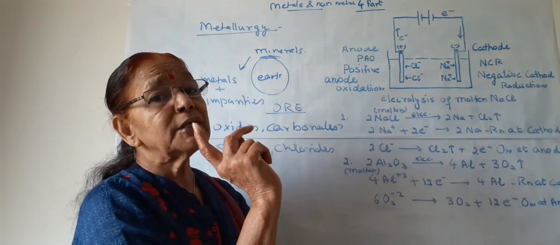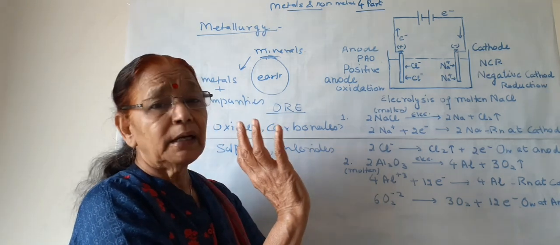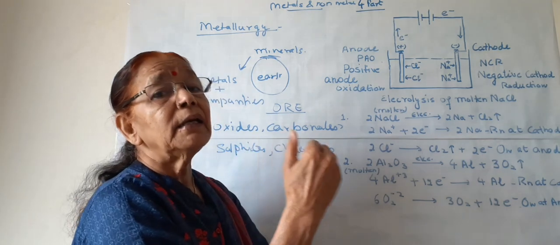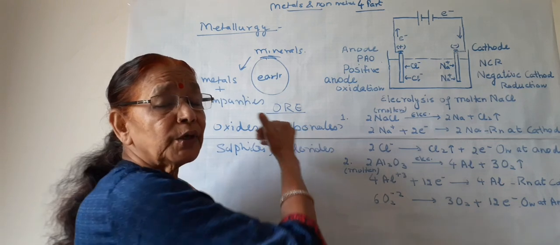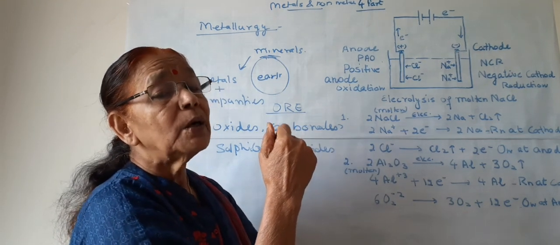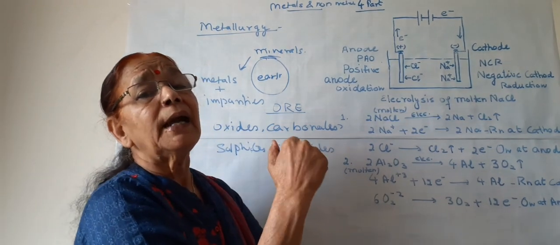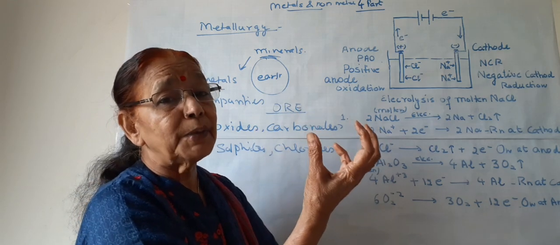Because oxygen is present in abundance in nature, in our atmosphere. This is one thing. Second, oxygen is very reactive. It can react with metals to form their oxides. And the third point is oxygen forms stable oxides, and ionic compounds are formed which are strong and stable.